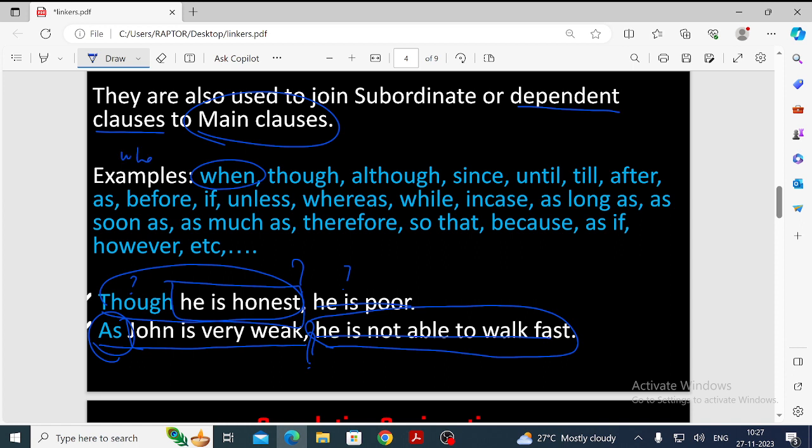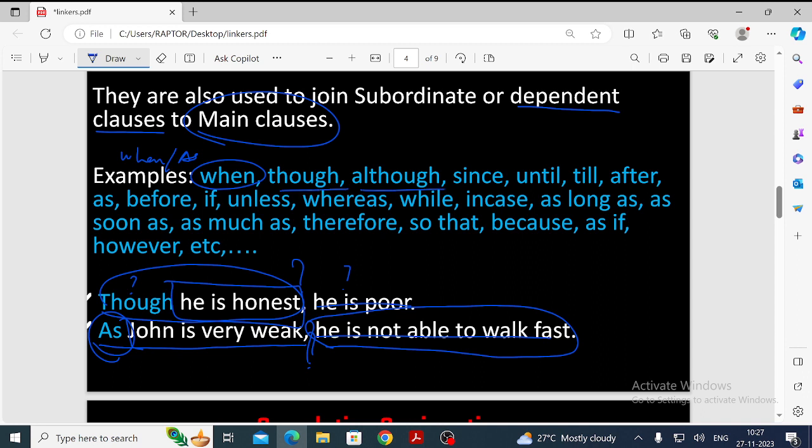The options are 'when' or 'as'. So what will be the right answer? 'As I saw the thief, I called the police,' or 'When I saw the thief'. Why? Because here the statement is about the timing of when I called. So that is the most important thing, that you have to think wisely and then make the answer.